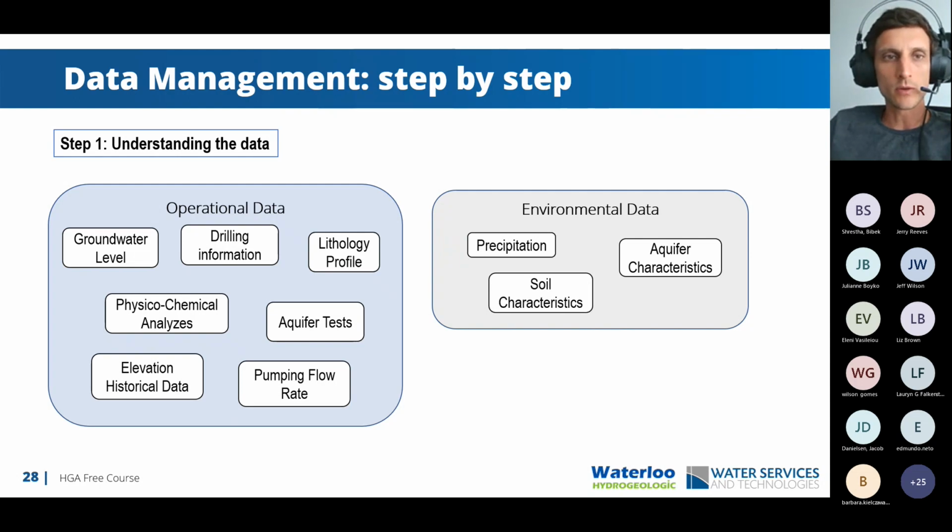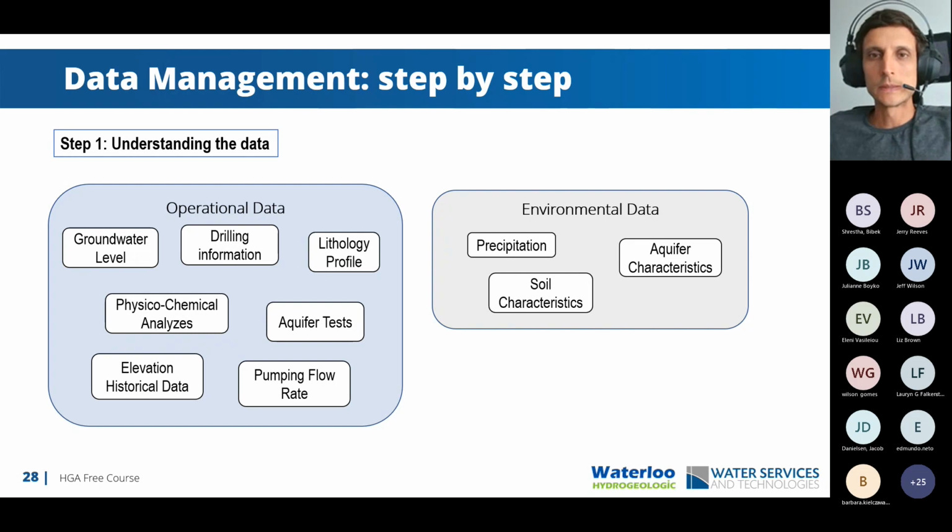So I want to have all this operational data: groundwater level, drilling information, lithology profile, results for aquifer tests, pumping flow rate, and so on. And I also want to have some environmental data that I'm going to analyze with our operational data. So I'm going to analyze the precipitation, soil characteristics, aquifer characteristics, and so on.